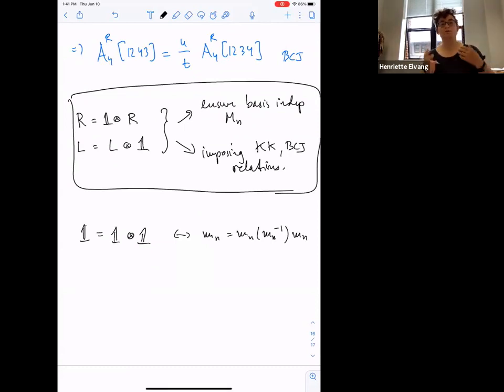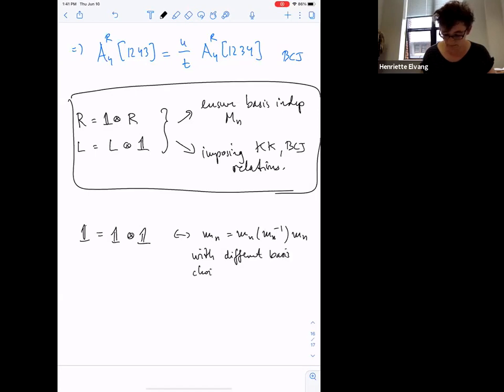And again, this looks really trivial. And it is trivial if I pick the same n minus 3 factorial basis elements for each one of them. Then this would trivially hold because they're just inverses of each other. But I don't have to pick the same basis. And so with different basis choices, this is non-trivial.